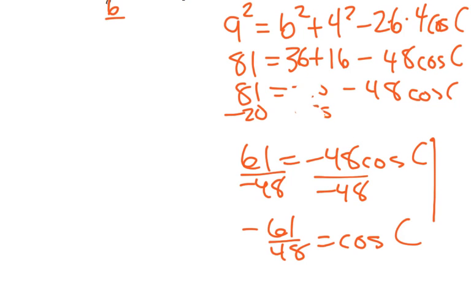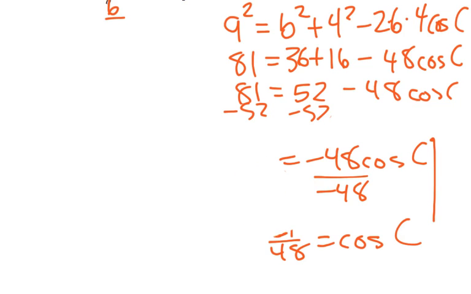Now, hopefully you spotted my mistake. I was getting way too ahead of myself, and I don't know where that 20 came from. 36 plus 16 is actually 52. So we subtract by 52. Okay.